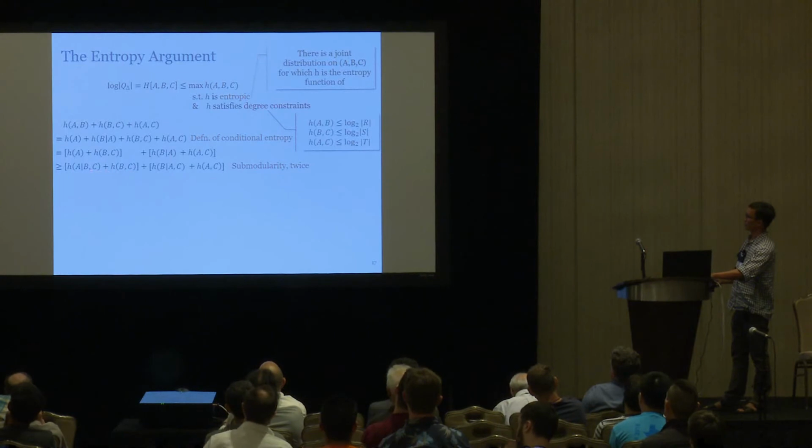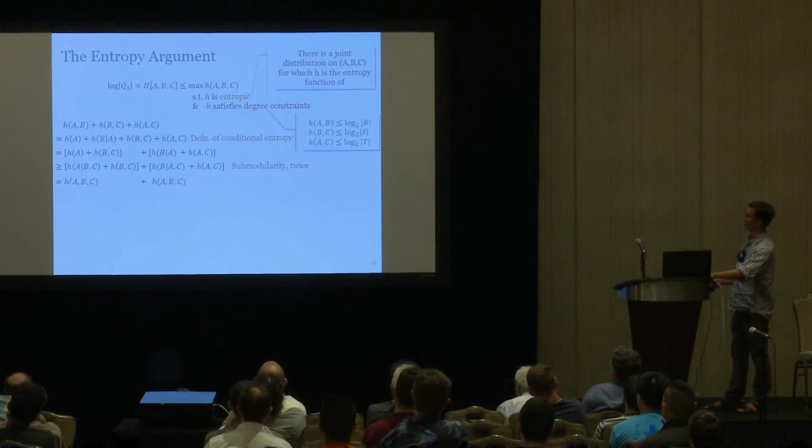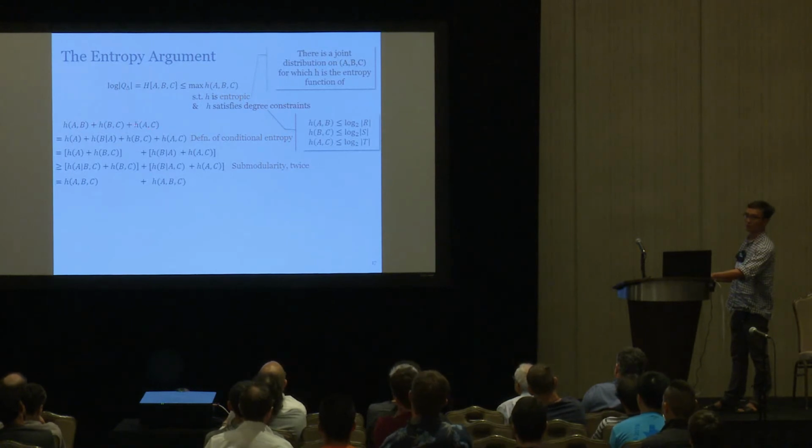But the nice thing is that now I can compose those two, using the conditional entropy rule again, the chain rule again, to get back HABC and HABC. Okay? So overall, what this shows is that 2 times HABC is smaller than HAB plus HBC plus HAC, as long as H is an entropy.